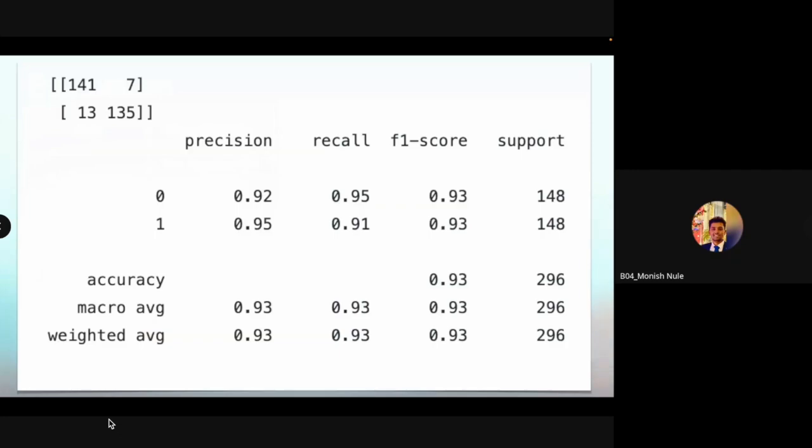So this is the matrix. This is the output of the evaluation. So what it means, the classification report: the precision for class 0 and class 1 is 95% and 92%. Precision is about the predicted values.